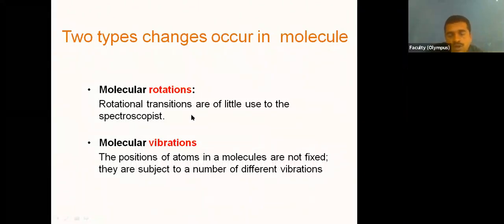Another type of transition which is useful for us is the vibrational transition. The positions of atoms in molecules are not fixed, as we have said. The bond between two atoms is not a rigid bond. That bond behaves like a spring.